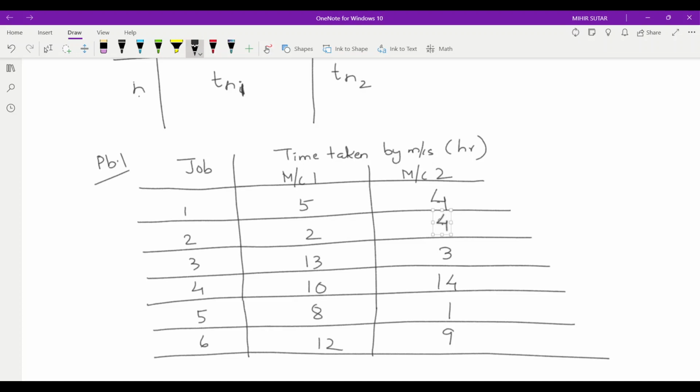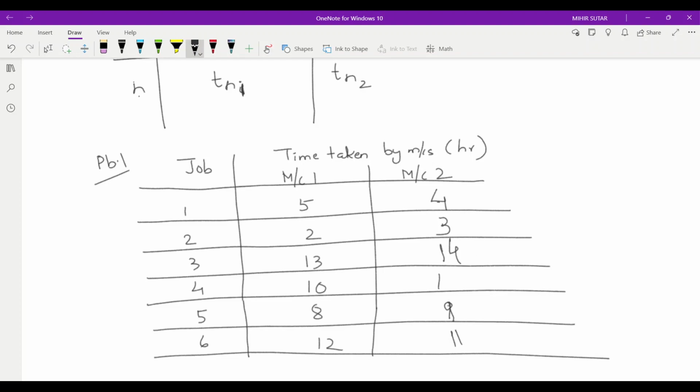Let me erase this. It is 3. Here it will be 14. It is 14. It is 1. And it is 9. It is 11.